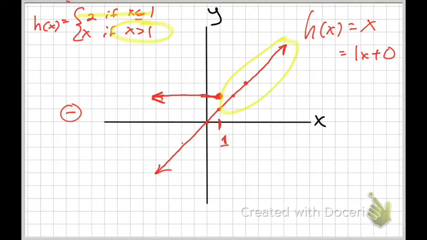All I'm going to do is cut off the rest of this portion. So I cut everything else off. I use an open circle because it's just greater than. I'm left with that, and that is my piecewise function.